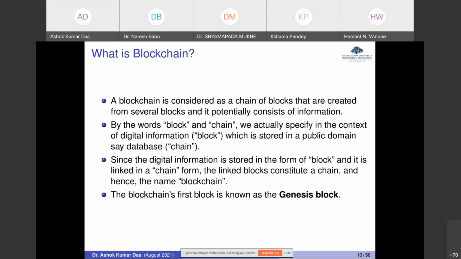This task is typically done by a protocol known as the consensus protocol, or agreement protocol, by which, in a distributed network of several nodes, if the majority of the nodes agree on adding a block in the blockchain, then it will be done, and after that the inserted block cannot be tampered with.